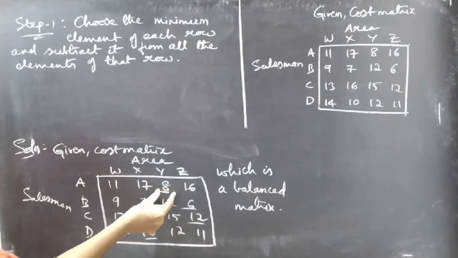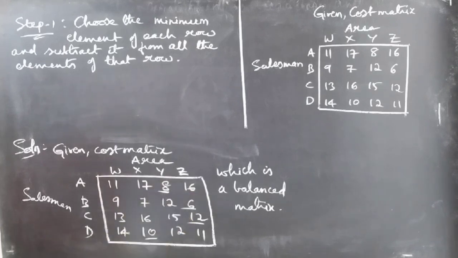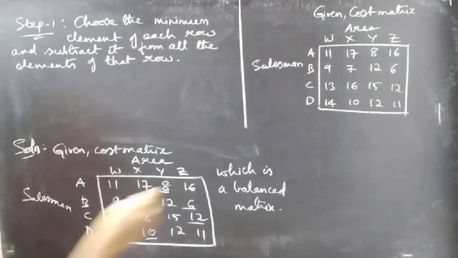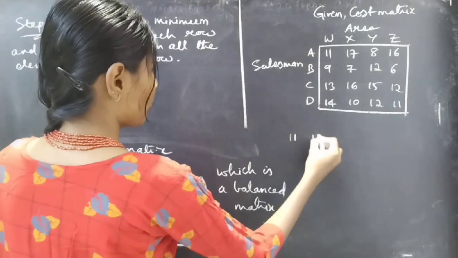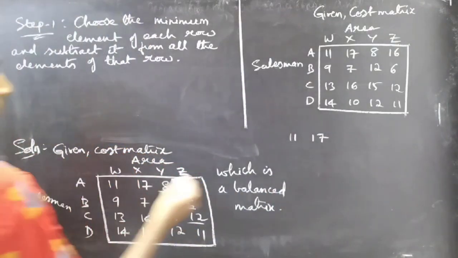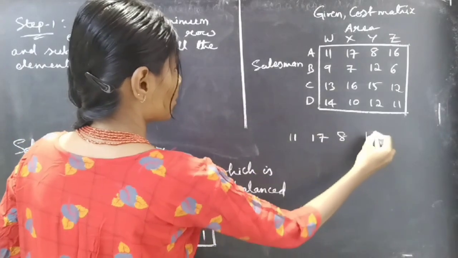We'll subtract 8 from all the elements of the first row, 6 from all the elements of the second row, 12 from all the elements of the third row, and 10 from all the elements of the fourth row. Now coming to the first row, we have 11, 17, 8 and 16.